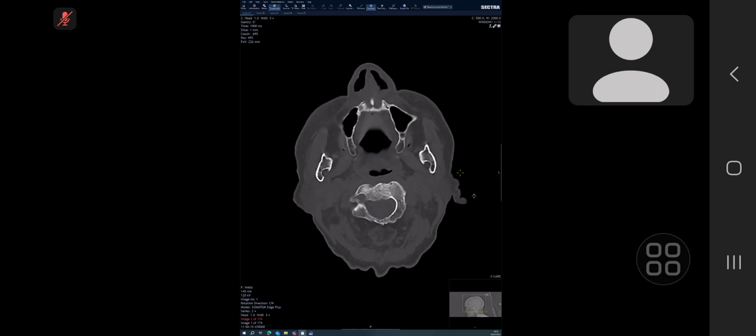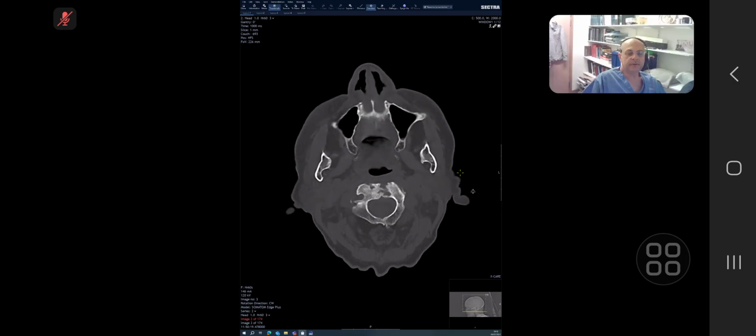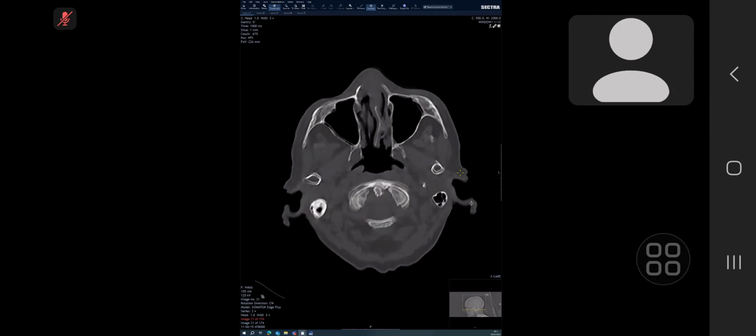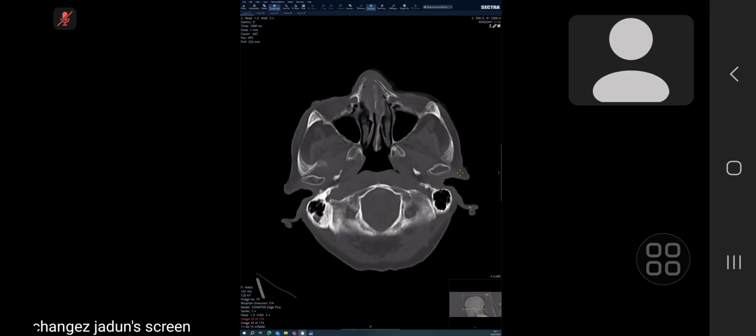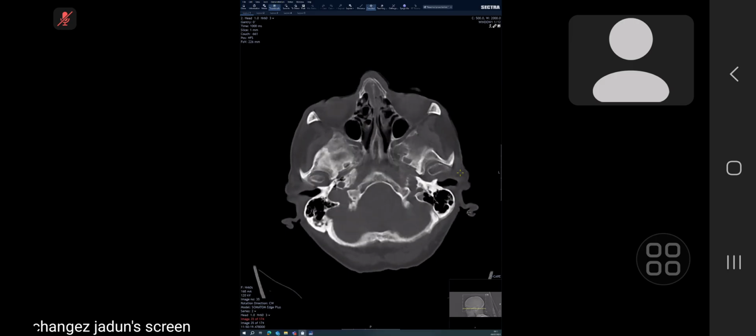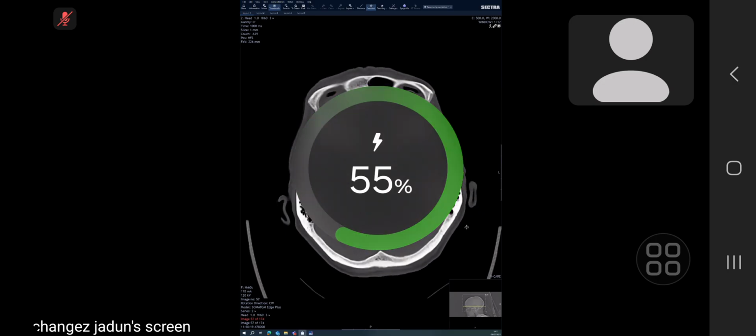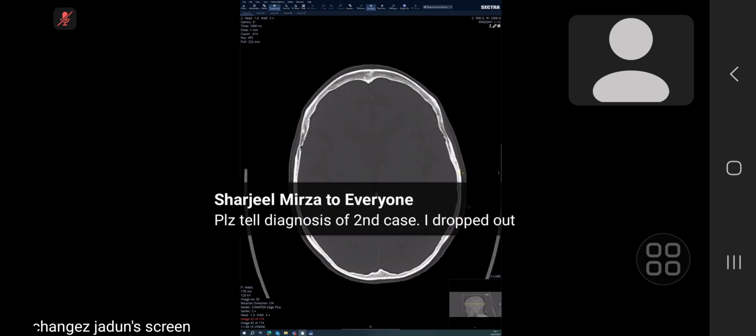Coming up again from the bottom, again I can't see any obvious fractures. The temporomandibular joints also look normal. The orbital areas also look normal to me. No obvious fractures which I can see.